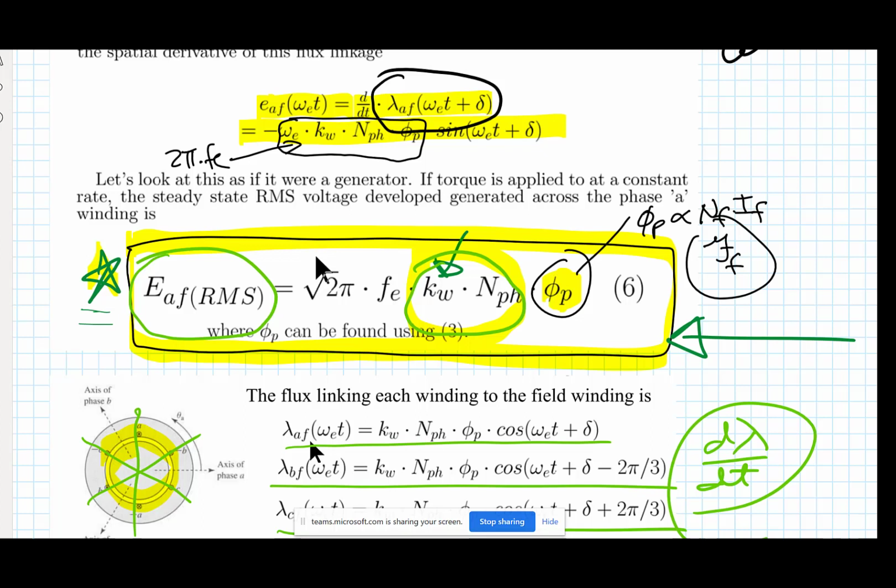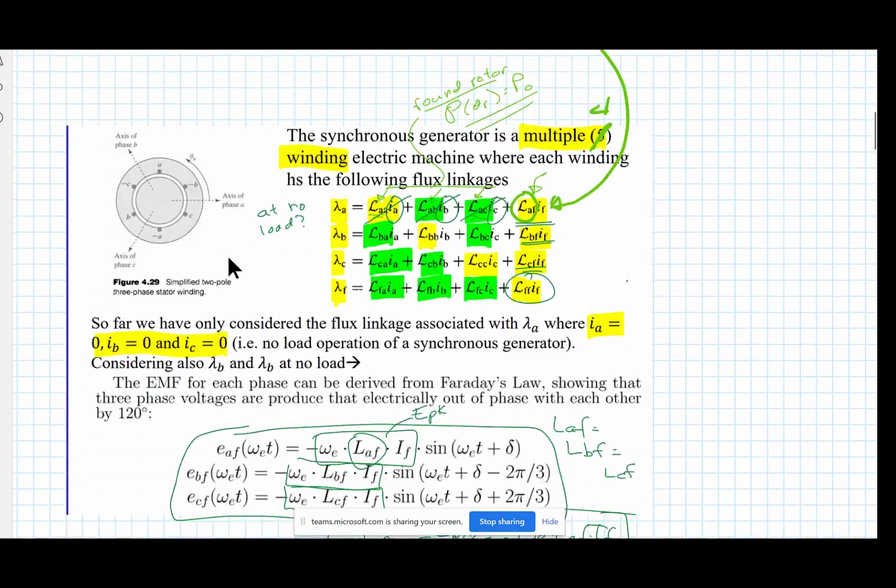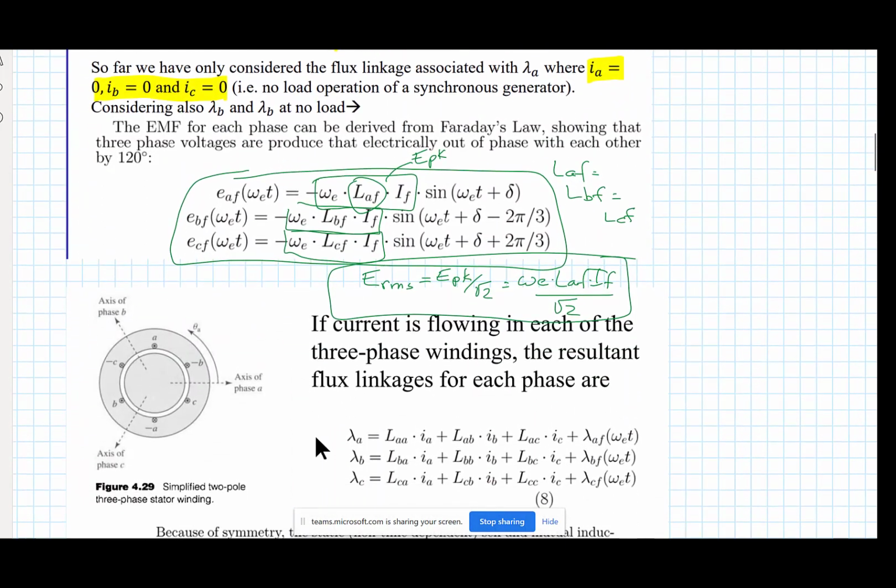One in terms of the flux per pole, which connects you to flux density and geometry, and also in terms of the turns on the stator winding. Or you can write it in terms of a mutual inductance between the stator winding and the rotor field winding. So you've got these three things. Is that clear to everybody?